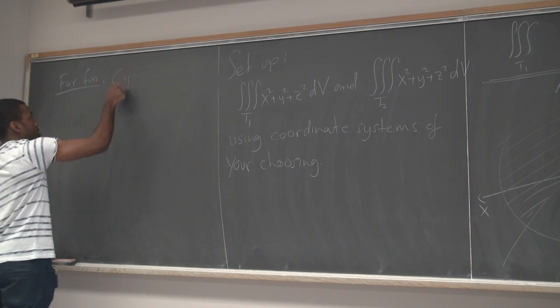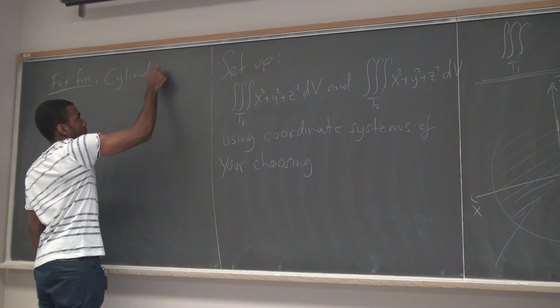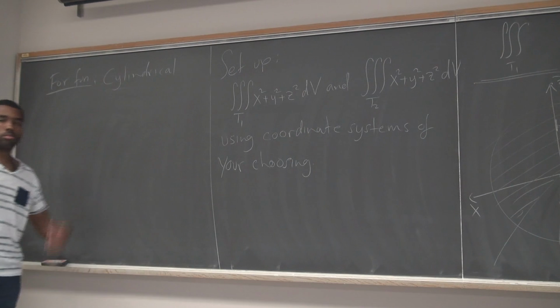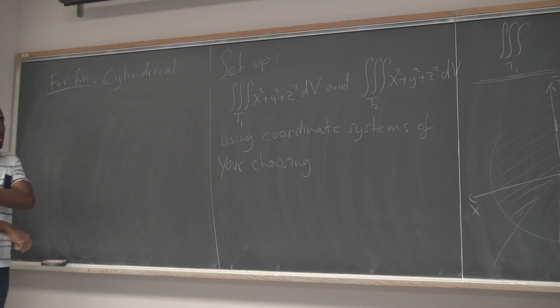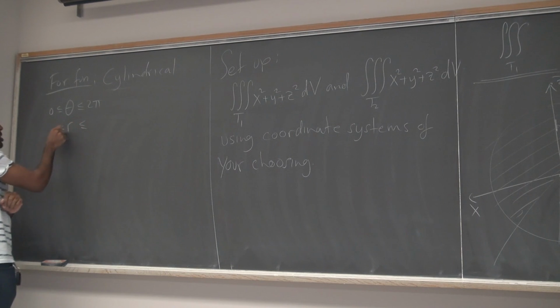Jhevon, tell me how to set this up in cylindrical. I wouldn't, but let's say that was your choice. How would you actually do that? Cylindrical. Well, the theta is going to be the same, obviously. What about r? It's also the same, 0 to 1.